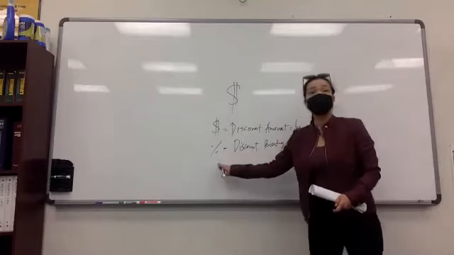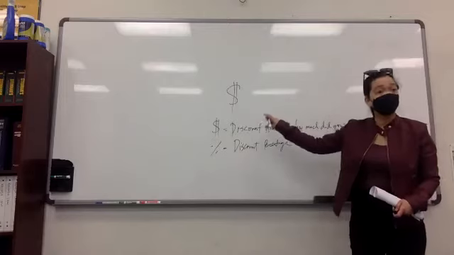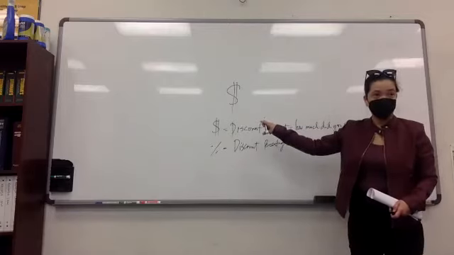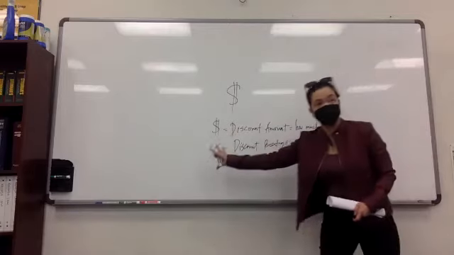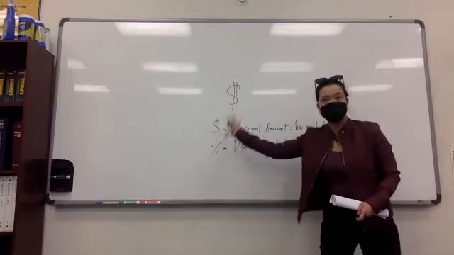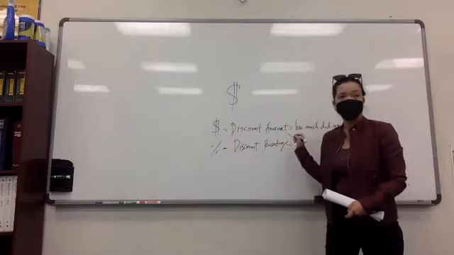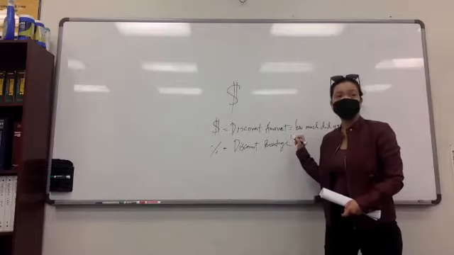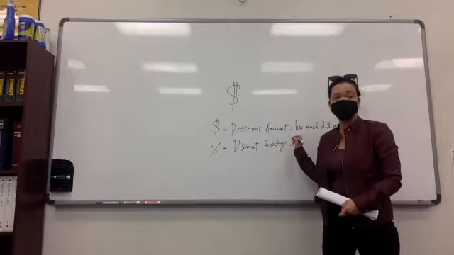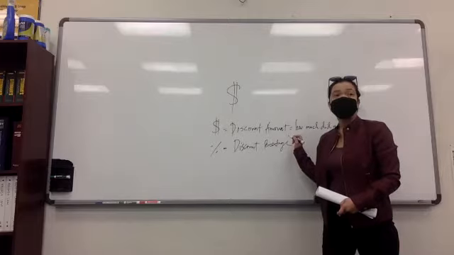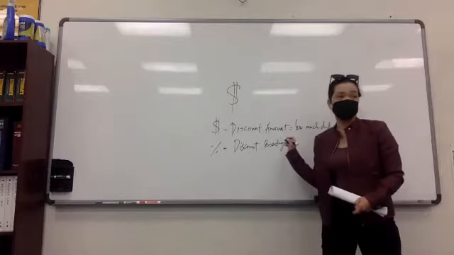What percent of that amount you saved? What percentage is that amount you saved versus what? Percent of what? What's the formula that I gave you? Percent of the selling price, original selling price.